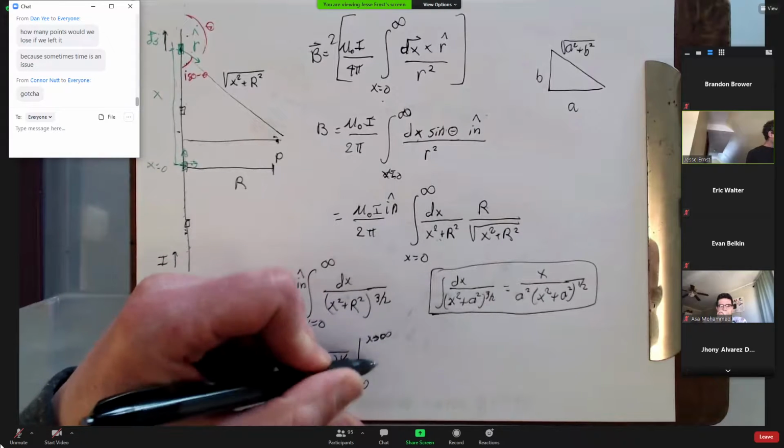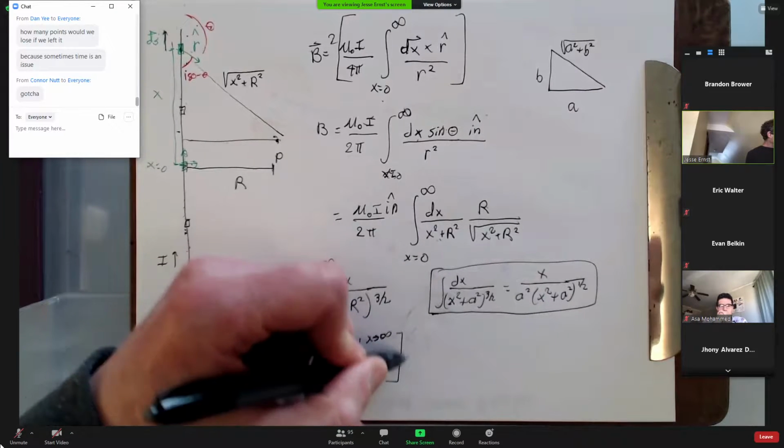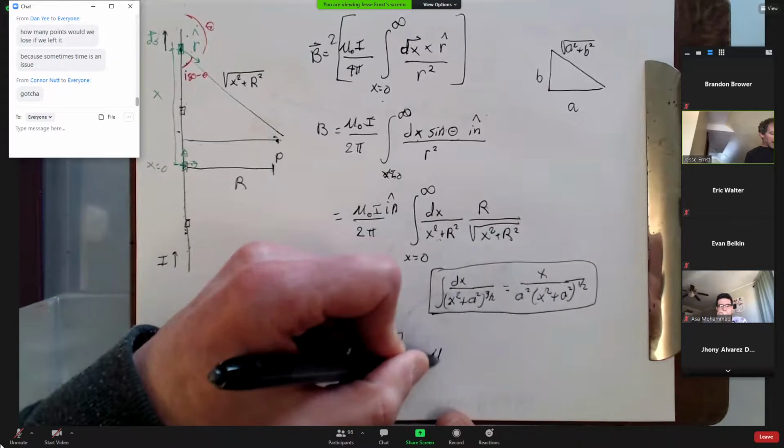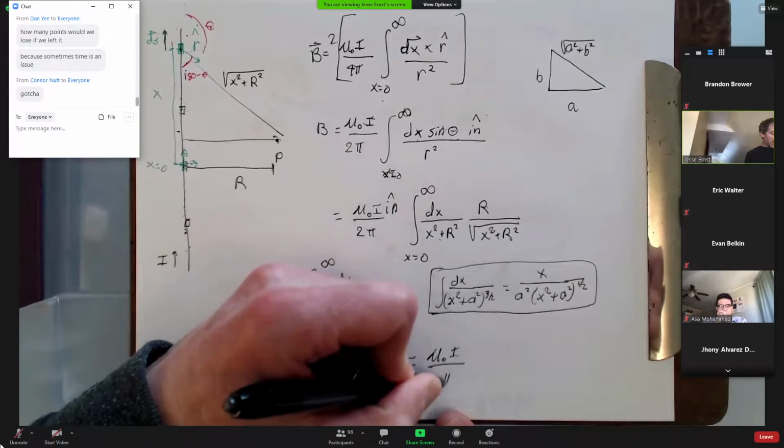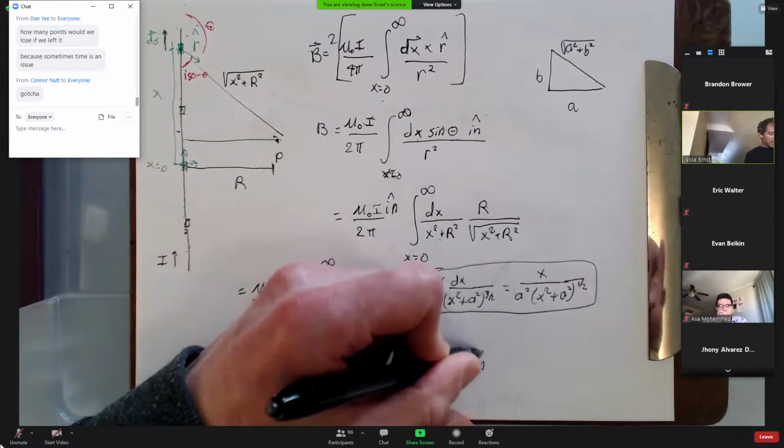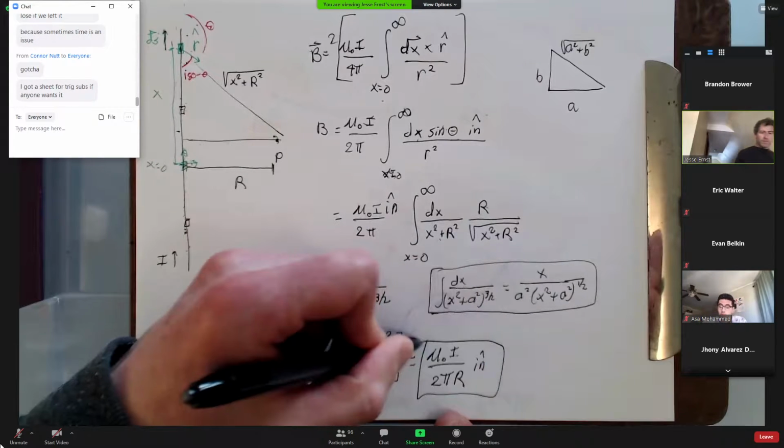If you plug those limits in, you'll get mu naught I over 2 pi r in the phi hat direction.